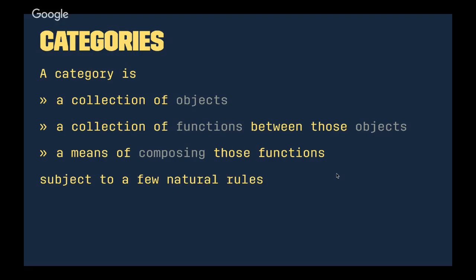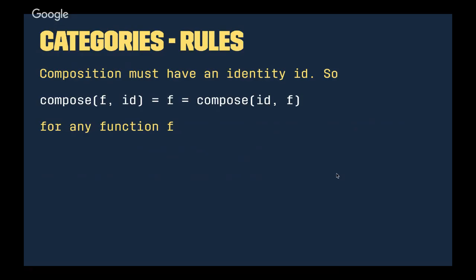There are a few rules about how these things have to work, in the same way that addition should be commutative, it doesn't matter what order you add things in. Function composition should work like you're used to. That means basically there has to be an identity function, subject to the thing you expect. If you take a function f and compose it with the identity function, you get back the original function. It doesn't matter which order you compose it in, you always get back the original function.